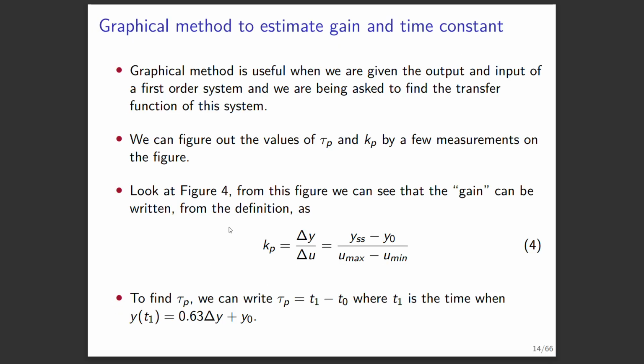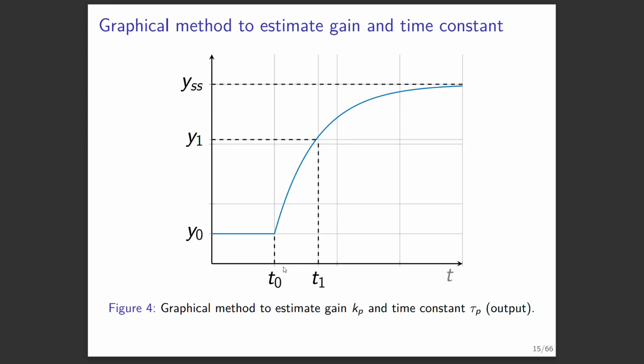So Kp would be YSS minus Y0 divided by U max minus U min. So that is how you determine the gain of the system. And then to find tau p, we write tau p is T1 minus T0, right? So this is going to be your time constant.